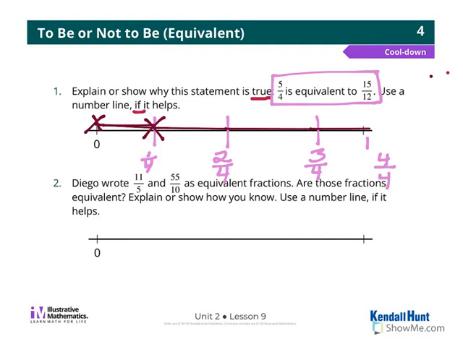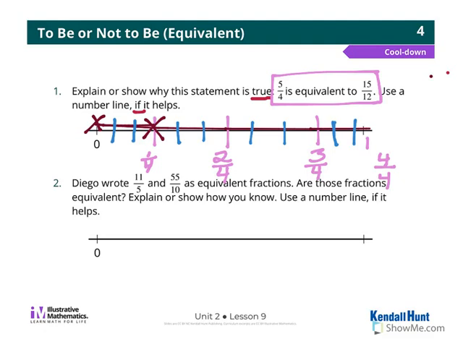I know 4 times 3 is 12, so if I split each fourth into 3 equal parts, then I can make 12. So 1, 2, 3, 1, 2, 3, 1, 2, 3.